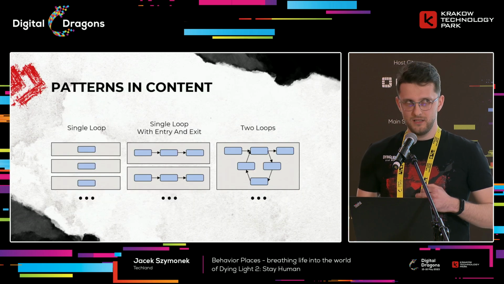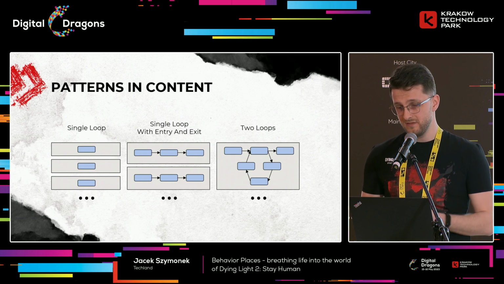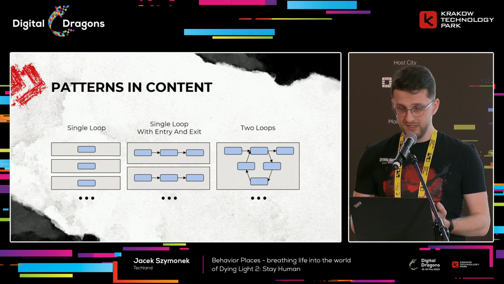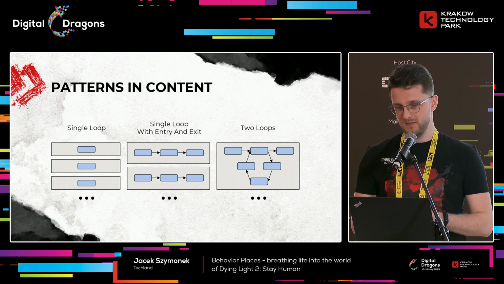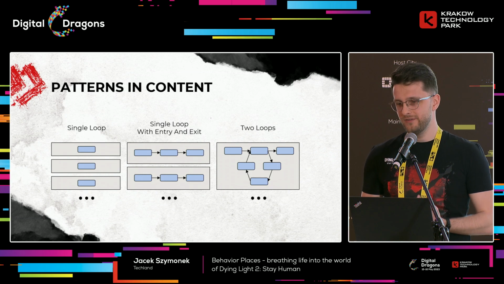When creating a new behavior definition, an animator would most likely choose one of the existing animation graphs as a template. They would clone the asset and then replace the animations. And after about 50 different behavior definitions were created, we noticed that this approach does not really scale.